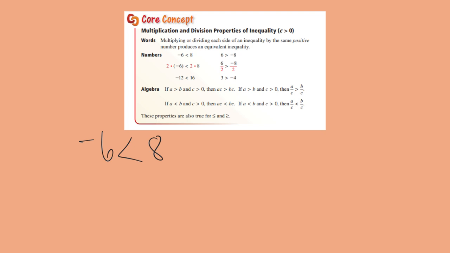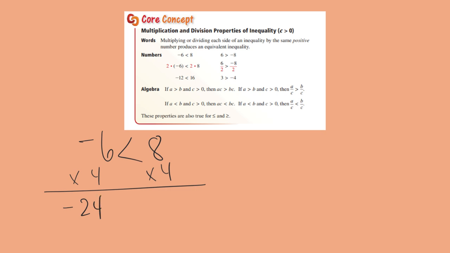Multiplying or dividing each side of an inequality by the same positive number produces an equivalent inequality. So is -6 less than 8? If I were to multiply it by a positive number, just give me any number. We're going to use 4 as an example. If I multiply 4 to both sides, what's -6 times 4?